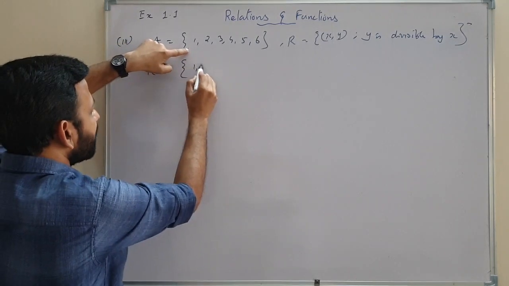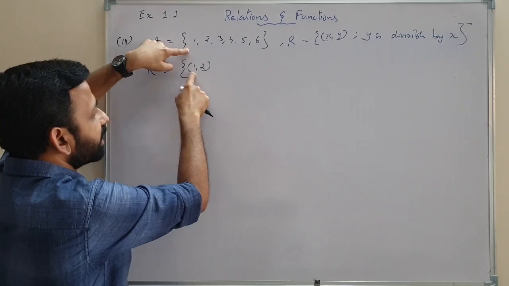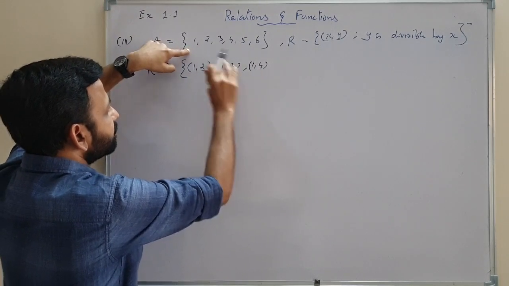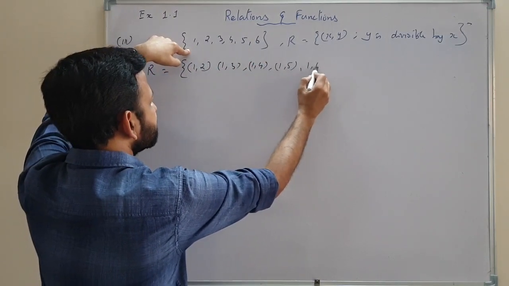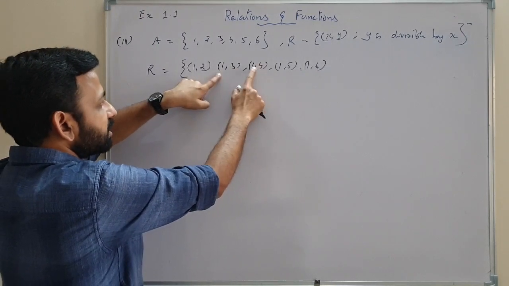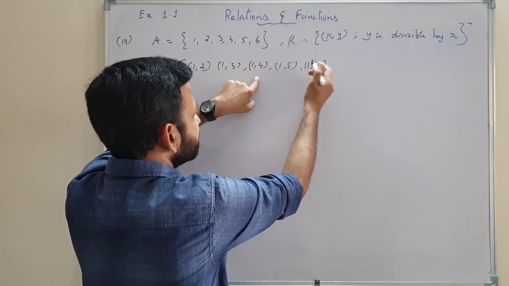So ordered pair (1, 2) is possible because the second element 2 is divisible by 1. Then (1, 3), (1, 4), (1, 5), (1, 6), because 3 is divisible by 1, 4 is divisible by 1, 5 is divisible by 1, 6 is divisible by 1.